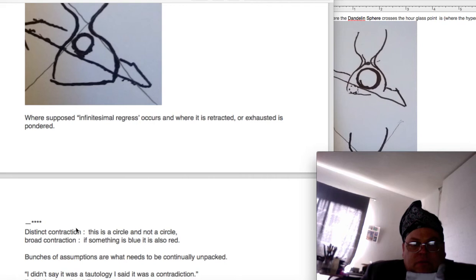Where supposed infinitesimal regress occurs, and where it is retracted or exhausted is pondered.